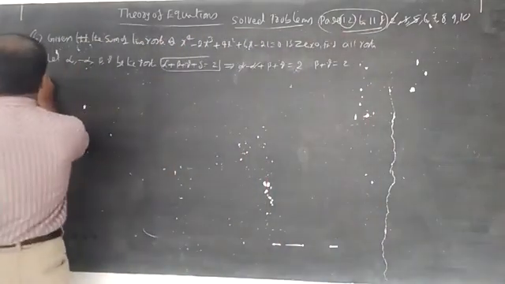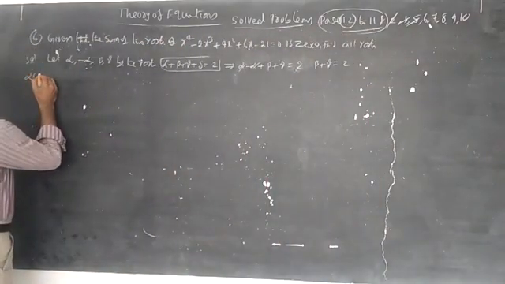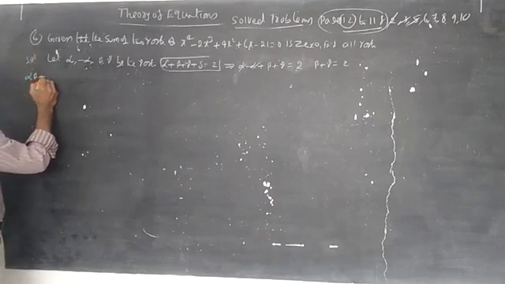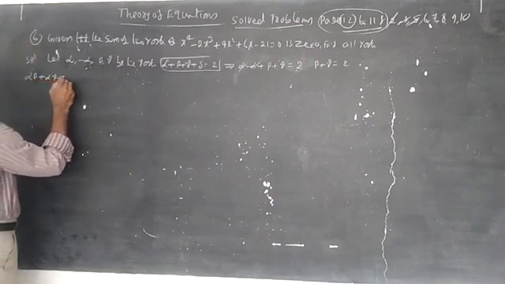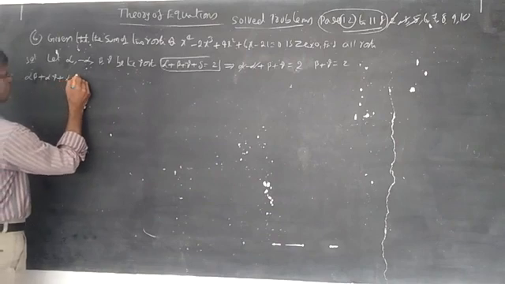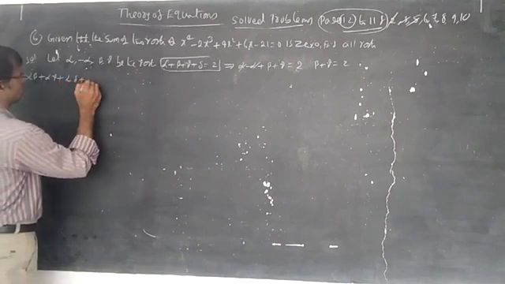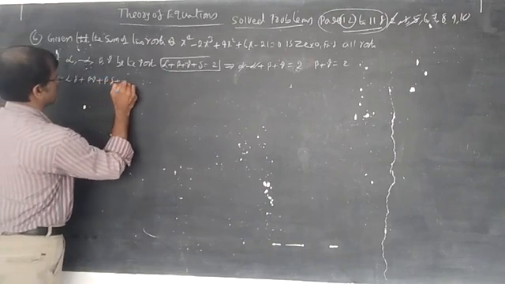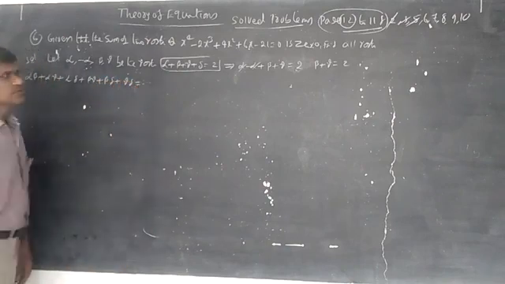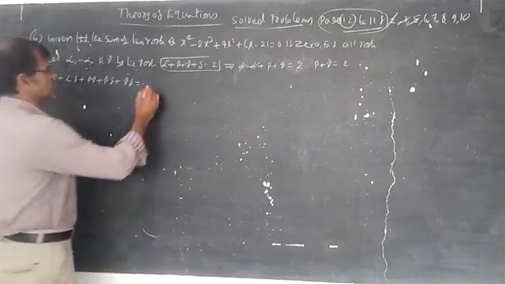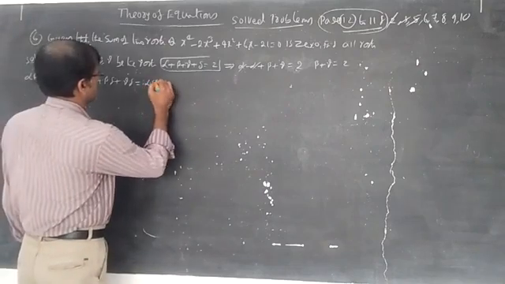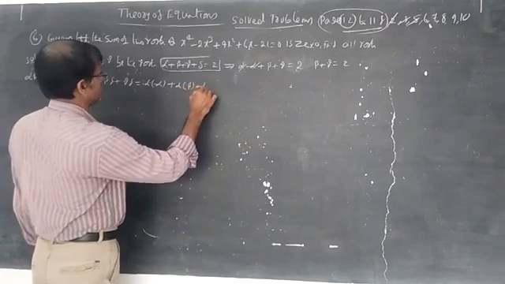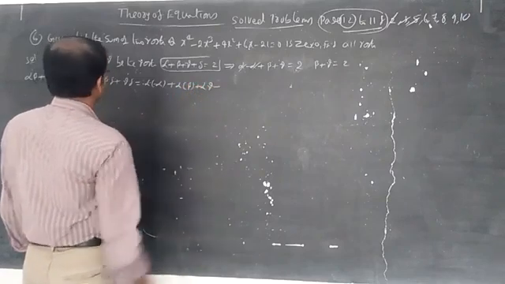Next, let us remember S2: alpha beta plus alpha gamma plus alpha delta plus beta gamma plus beta delta plus gamma delta. Using the concept, we can write alpha into minus alpha plus alpha into beta plus alpha into gamma.